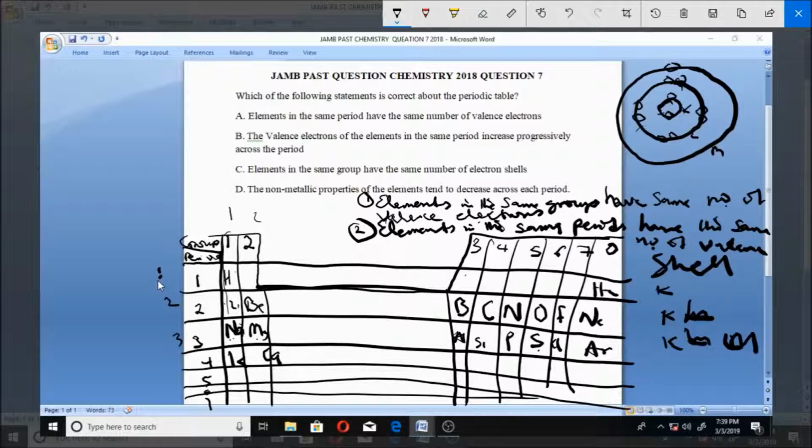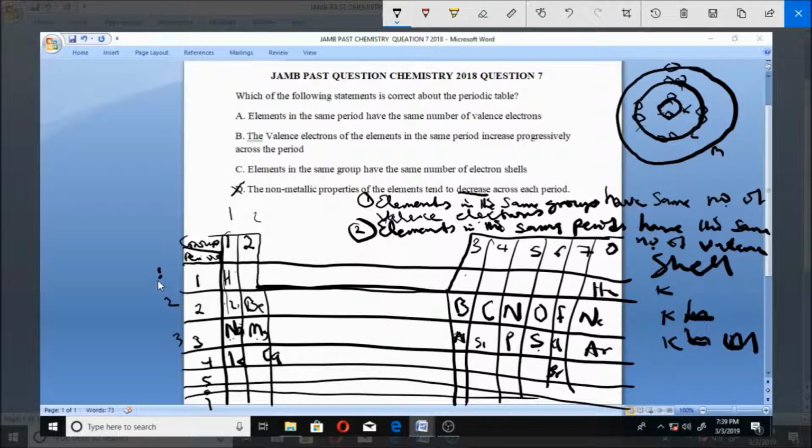Under group 7, we have bromine here. So non-metallic property tends to increase from left to right. But here they said decrease, so that makes option D not right. It's not true, because here you mostly have metals, and on this other side you have non-metals, fluorine and chlorine.